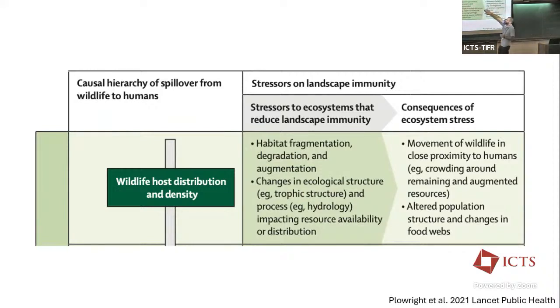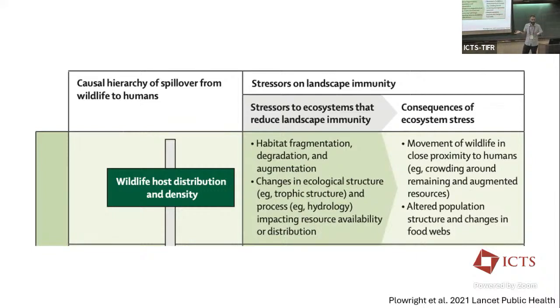So you can think of land use, habitat fragmentation and degradation and augmentation may cause disturbance to wildlife that causes them to move to new areas, right? So they might move from native habitats to disturbed areas because they've lost this resource, and so they have to go find new things. So that's a level of a stressor. You could also have changes to the ecological structure.